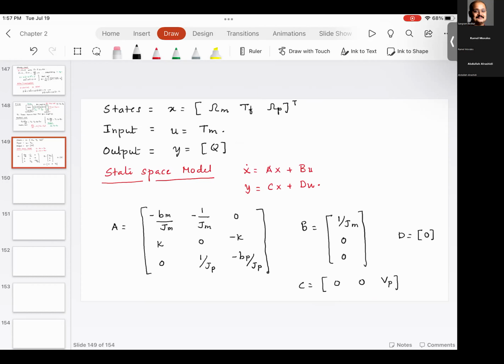So this is how that equation is going to look.